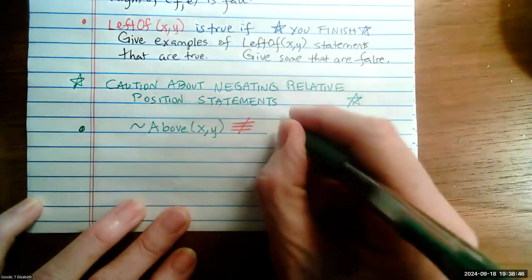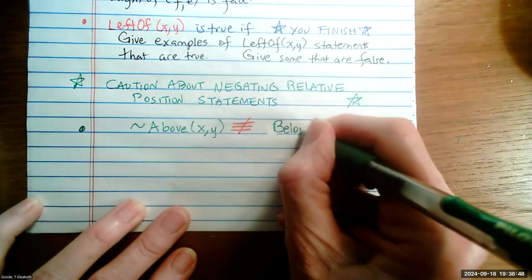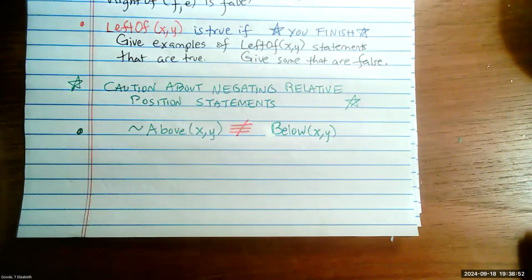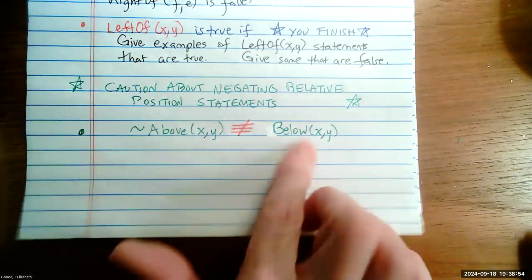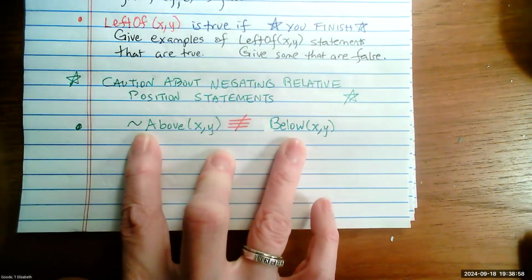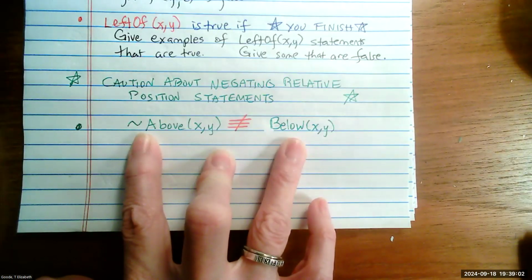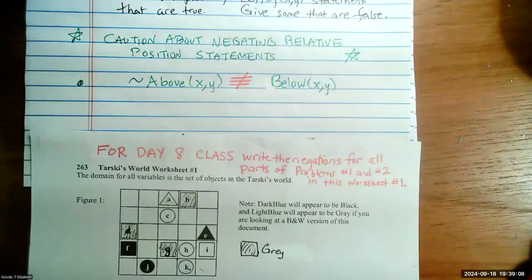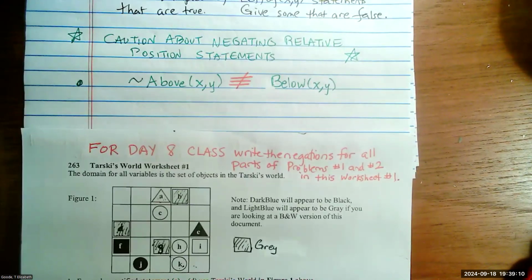That's putting that in red. It's not the same thing as below XY. Why not? If they were logically equivalent, they would always have to have the same truth value. We've learned that much about logical equivalence, right? Logically equivalent statements always have the same truth value. Check it out. Let's look at our diagram here.